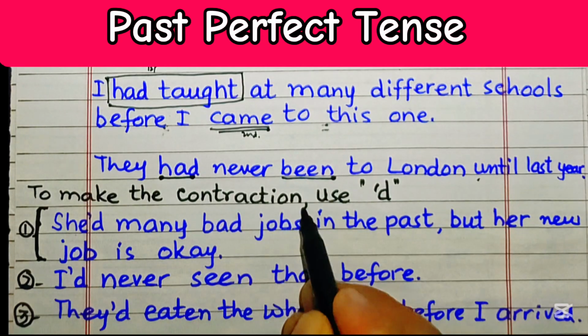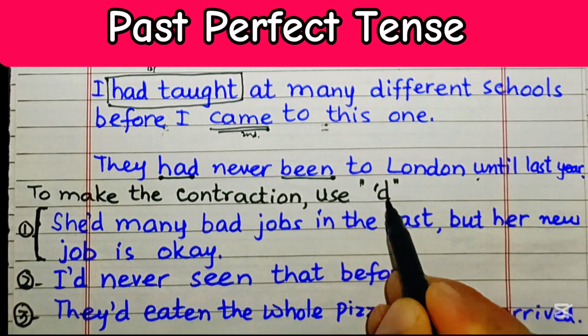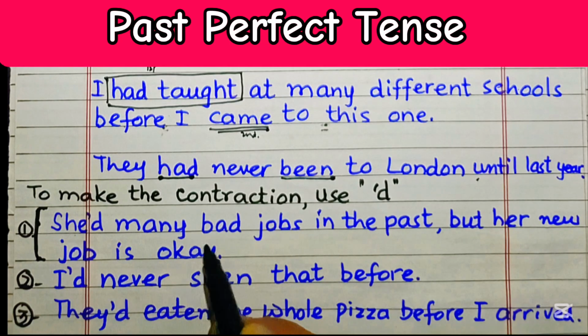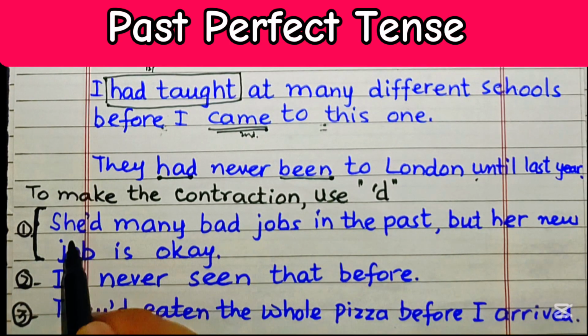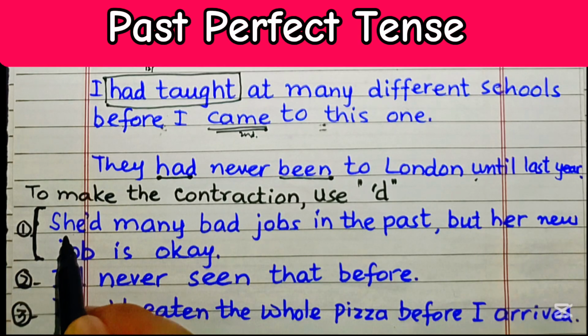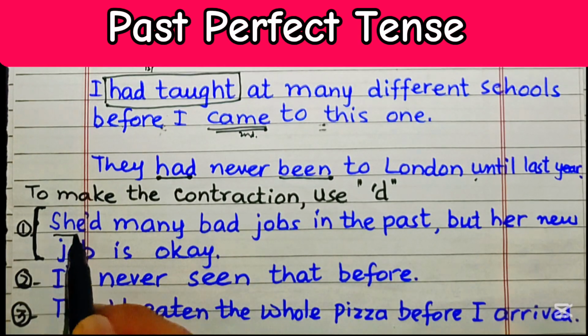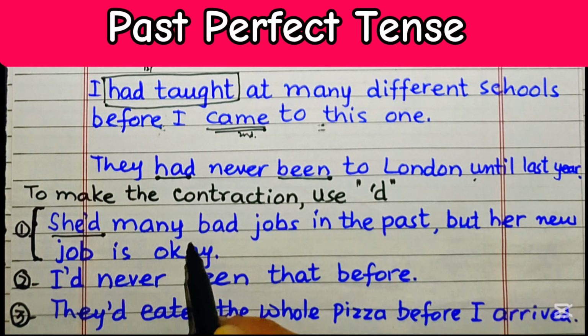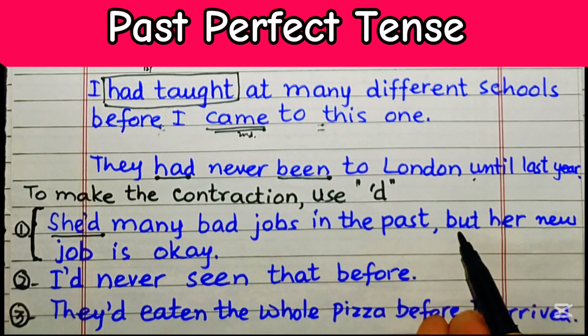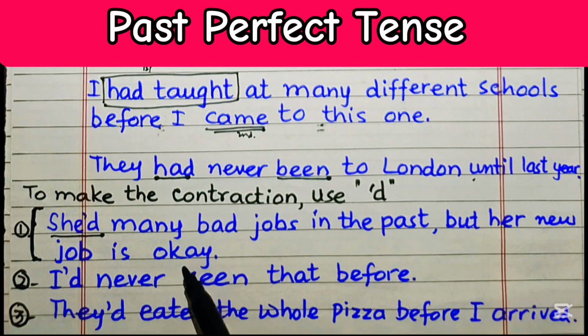To make the contraction, use apostrophe d. She'd had many bad jobs in the past, but her new job is okay. Instead of using she had, we have contracted she and had into she'd. Similarly, if we contract I had, it will be: I'd never seen that before.